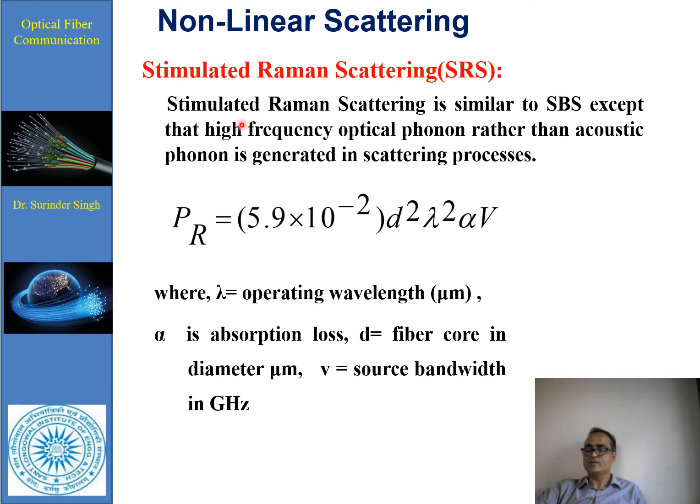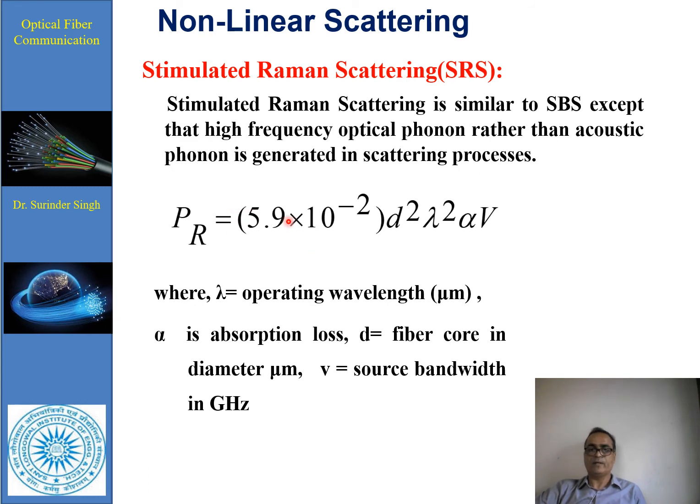So SRS occurs in both the forward as well as the backward direction. The optical power threshold here is about three orders of magnitude higher as compared to the Brillouin threshold power in this particular fiber.